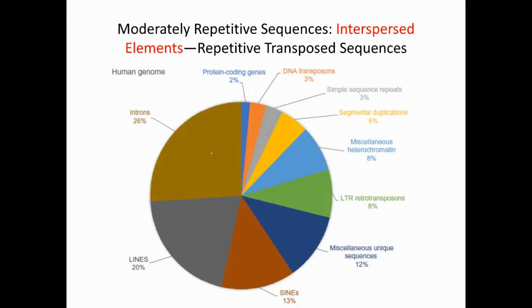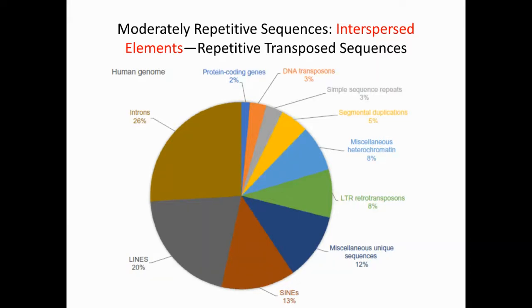Everyone has a different repeat number, so it is easy to use these to identify an individual. The other repeat we call interspersed repeats. Basically, interspersed repeats scatter throughout the genome.